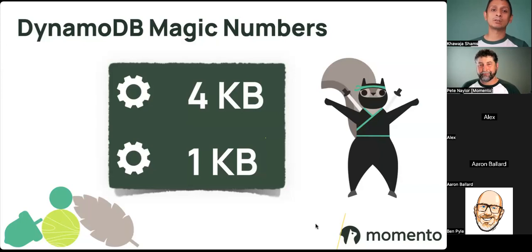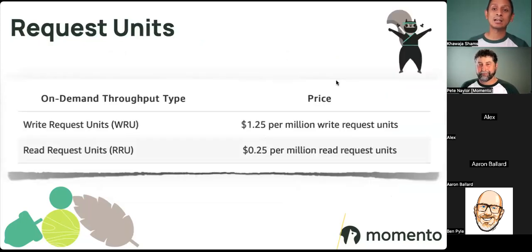And this is really important because it comes down to why you should pay attention to item sizes for your cost. So if you go to the DynamoDB page, and we'll look at on demand for now, the ratios are pretty similar on the provisioned capacity and the reserved capacity as well.